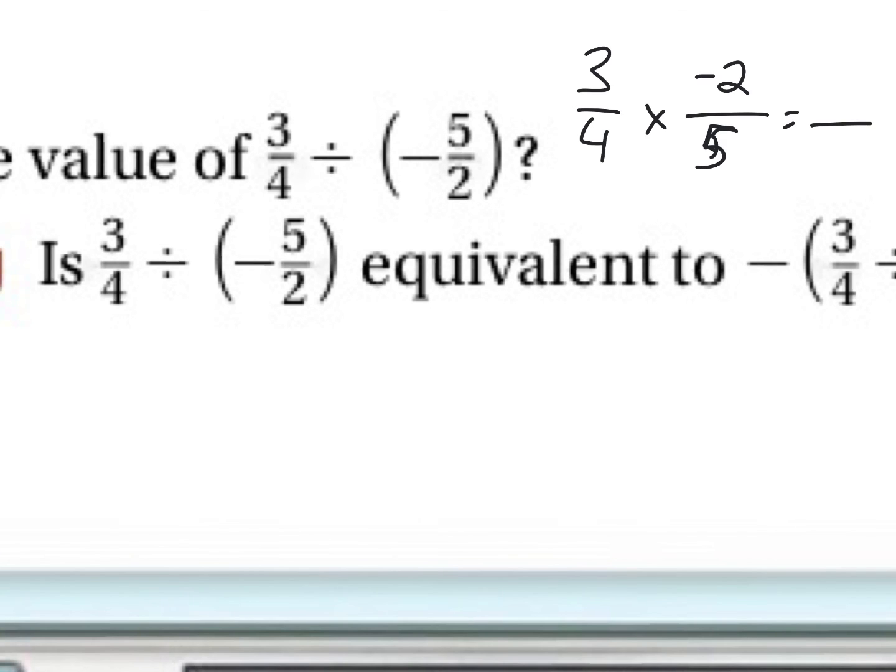If you want to reduce, you can. Just watch when you reduce that you don't lose your negative sign. So that would be -3/10. Or if you didn't reduce, you get -6/20, and then you can reduce that down.